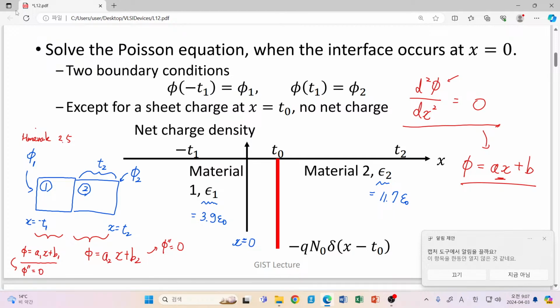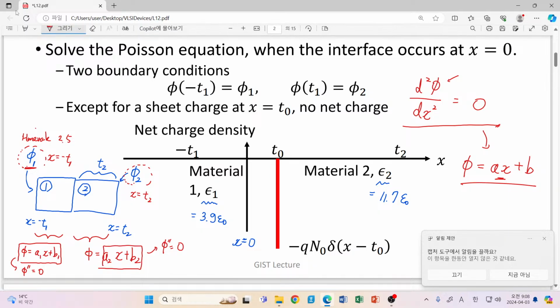What you have to do also is, when x equal to minus t sub 1, your potential should be phi sub 1. What is the other condition you have to apply? When you have x equal to t sub 2, the right boundary point, your potential should be phi sub 2. Please try to match your values a sub 1, b sub 1, a sub 2, b sub 2.